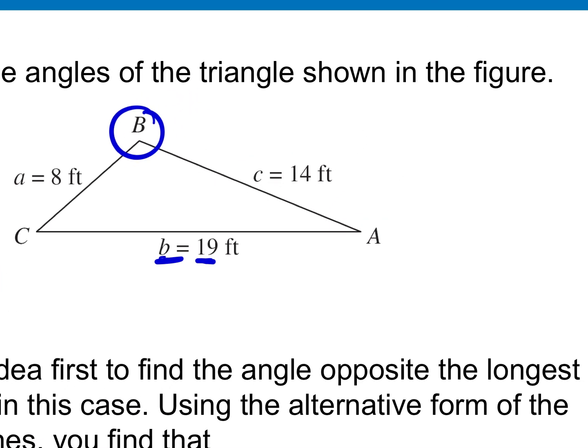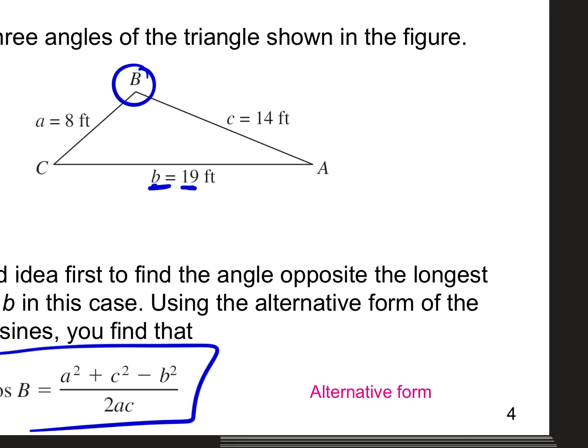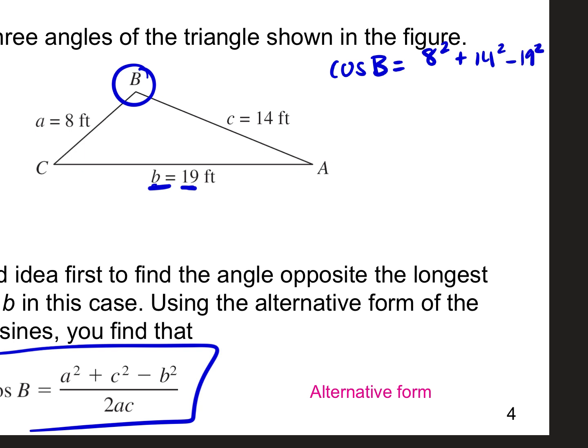All right, so we're going to use our formula, plug in everything that we have. We're looking for angle B. So cosine of B is equal to 8 squared plus 14 squared minus 19 squared over 2 times 8 times C, which is 14.